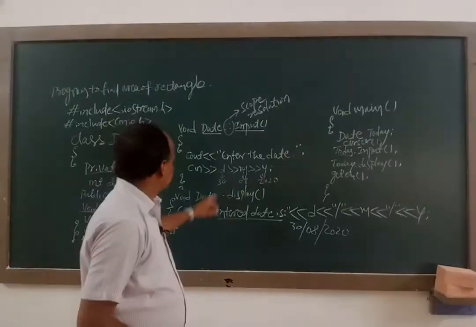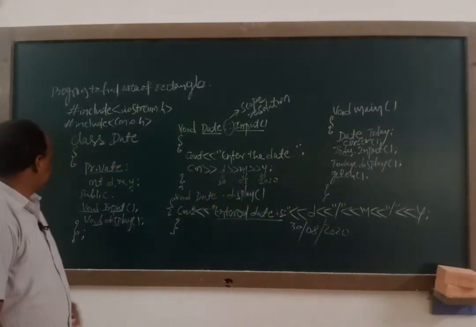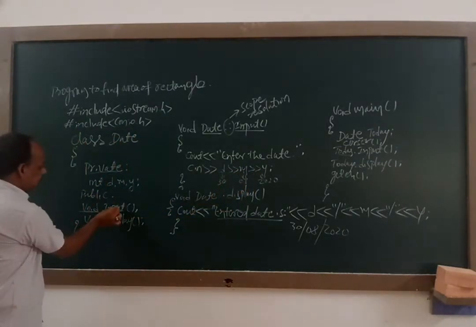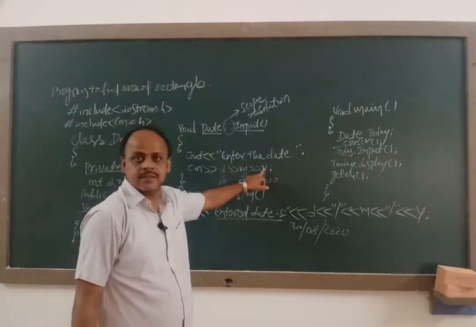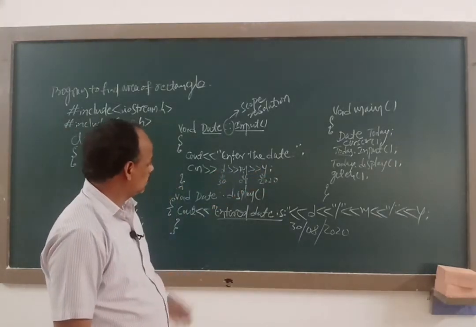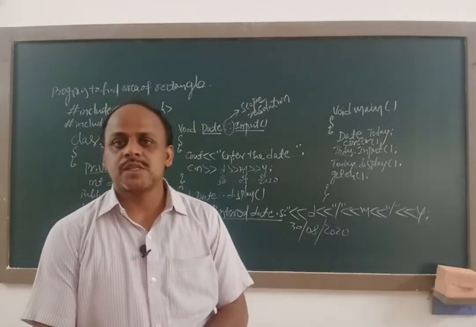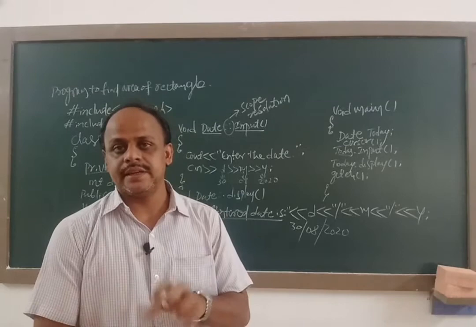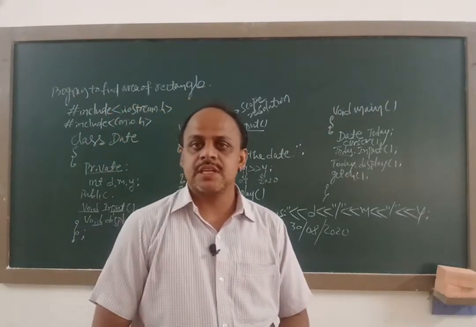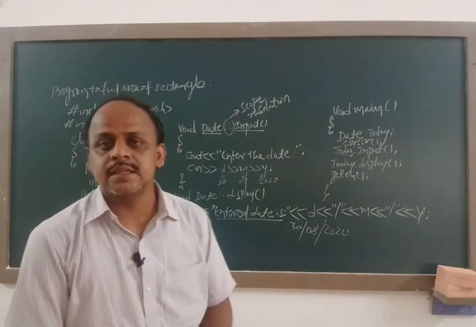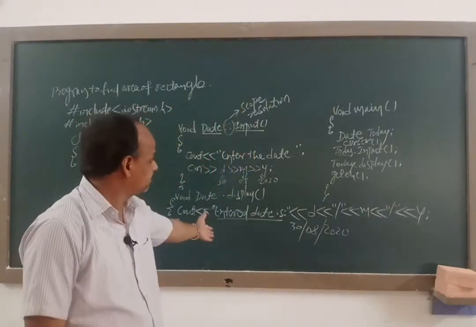Here this day, month, year are coming through this public input function. Therefore just write day, month, year as it is. Like this it is possible to write. It is possible to accept date and print date by defining member function inside the class as well as by defining member function outside the class, right?